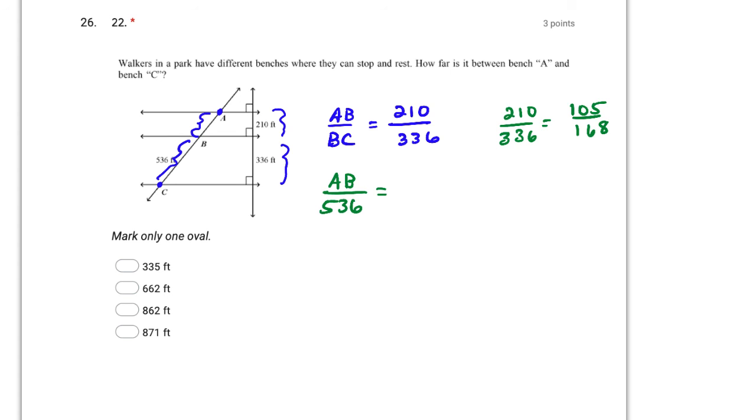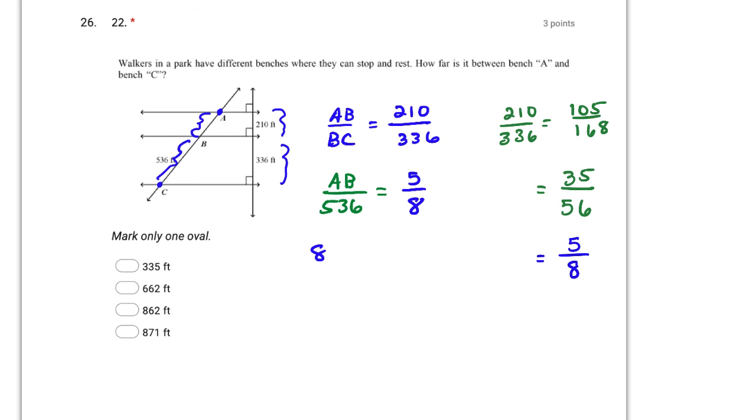See, those are both divisible by 3, 35 and 56, I believe. 56, 7 times 8 is 56, so they're both divisible by 7. So I think it simplifies all the way down to 5/8. Let's see if we get the right answer when we do this.